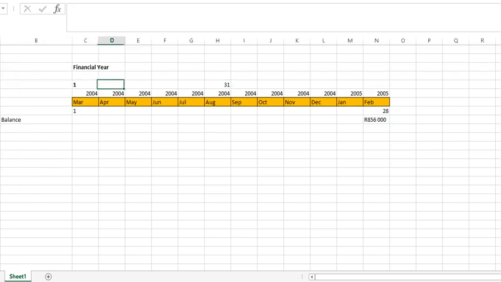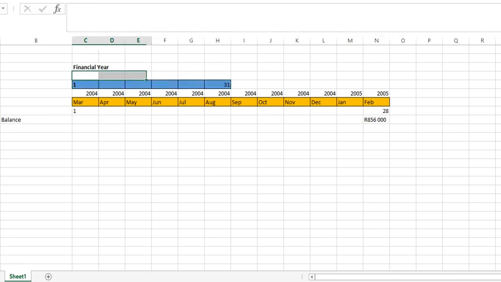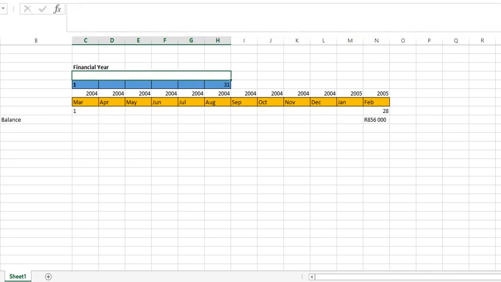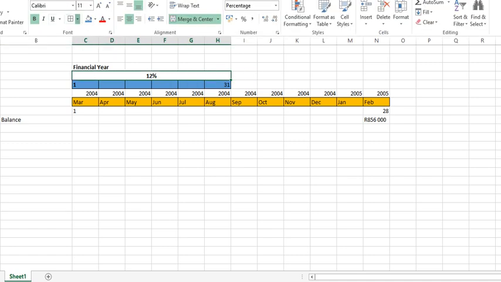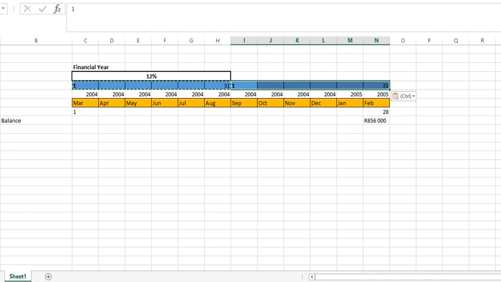12%. So the 1st of March 2004 up until the 31st of August, our interest was 12% for this period. Let's merge this and say it's going to be 12%. That was our interest liability. Now, on the 1st of September 2004, our interest rate was increased to 13%.